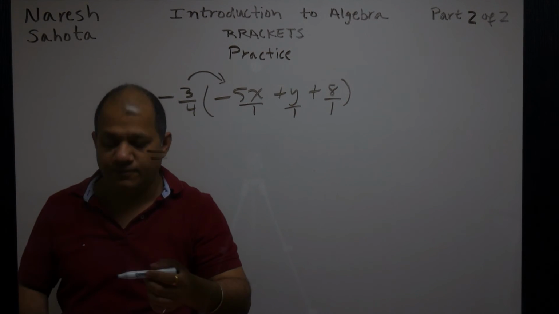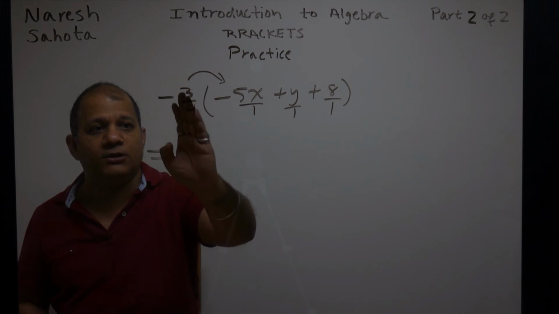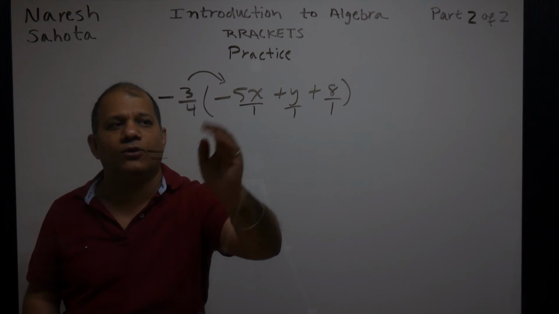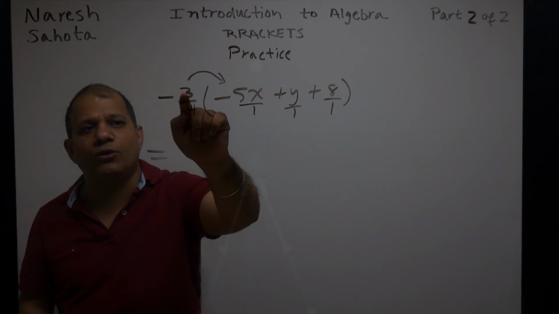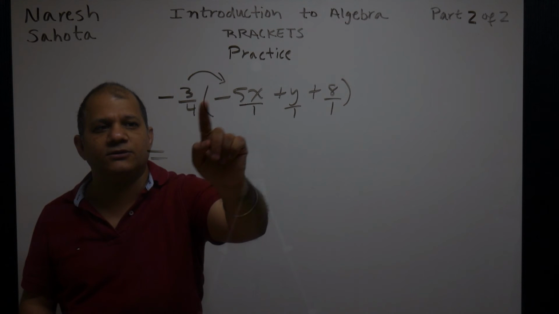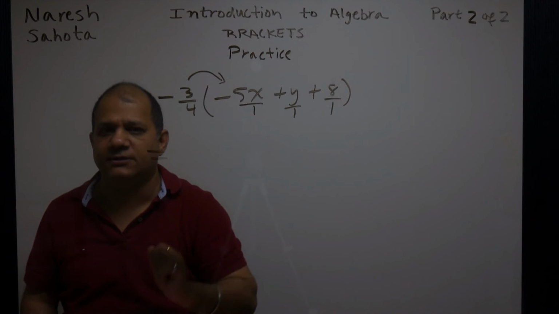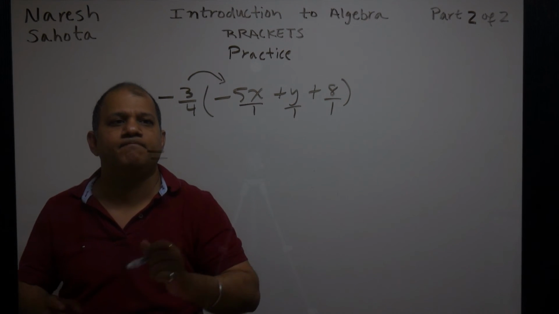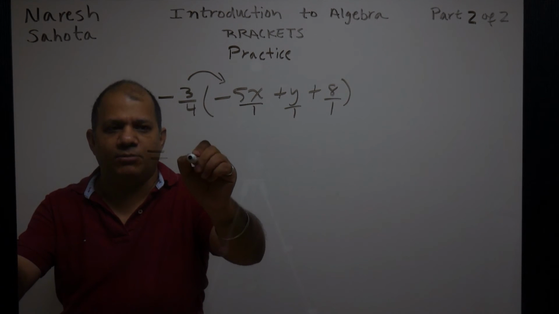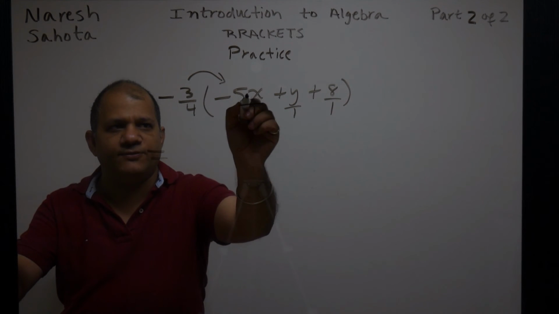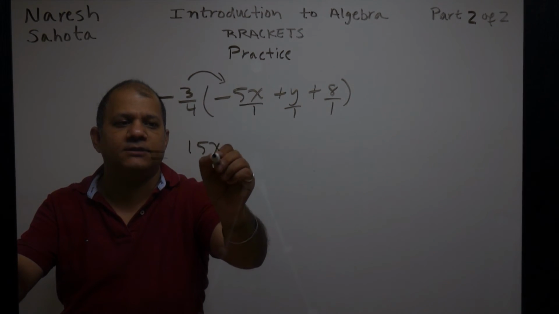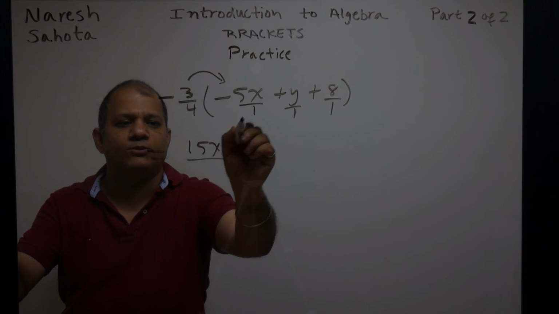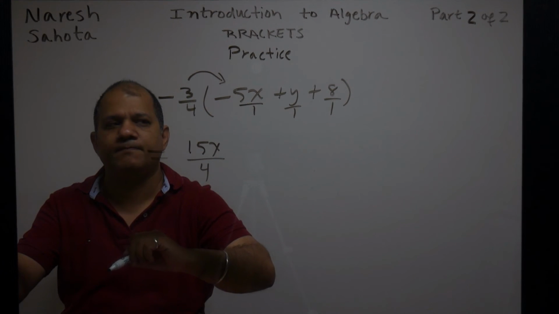If it helps you to keep track, when you multiply negative 3 over 4 with negative 5x, you multiply the numerators together and the denominators together. So negative times negative is positive. 3 times 5x is 15x, all over 4 times 1, which is 4.